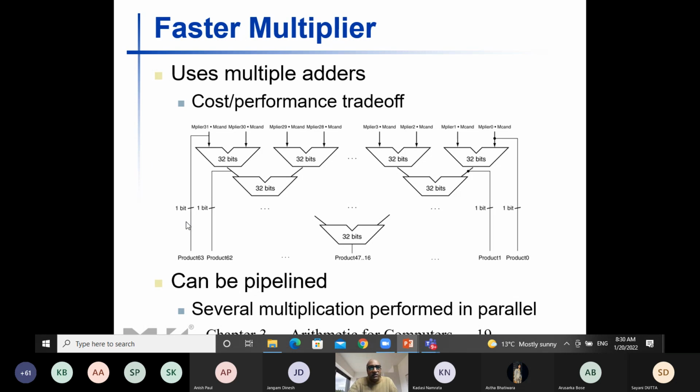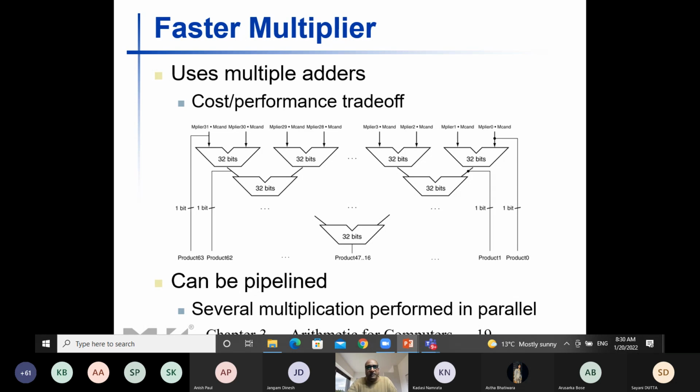Therefore, with this arrangement the delay is reduced to 5 times the adder delay, right? That way even faster multipliers can be realized by using additional hardware.